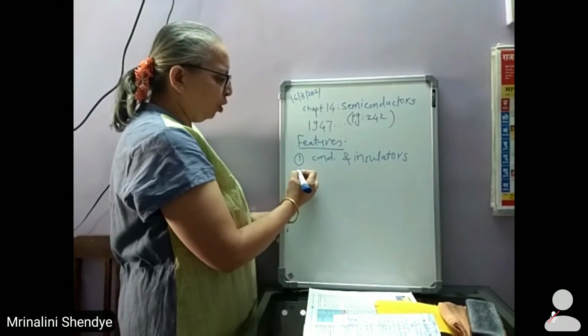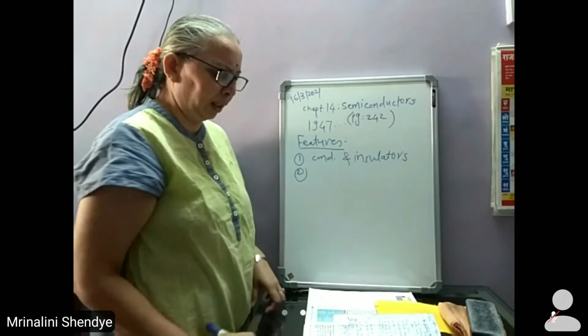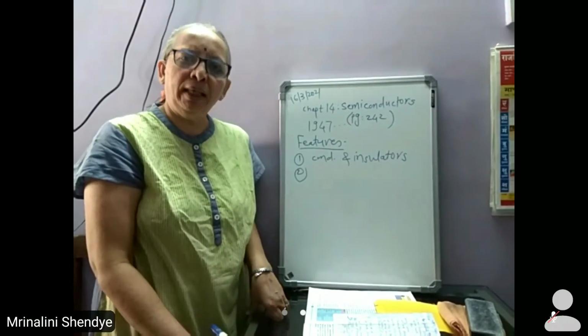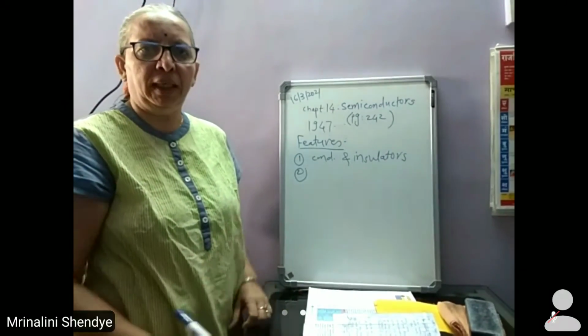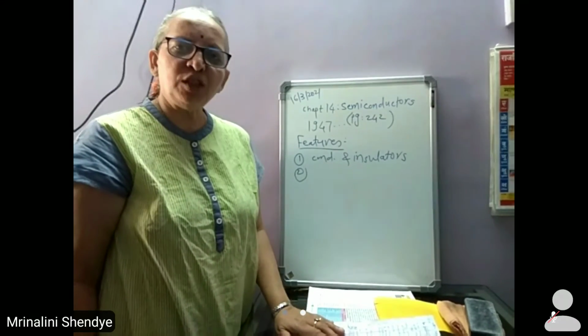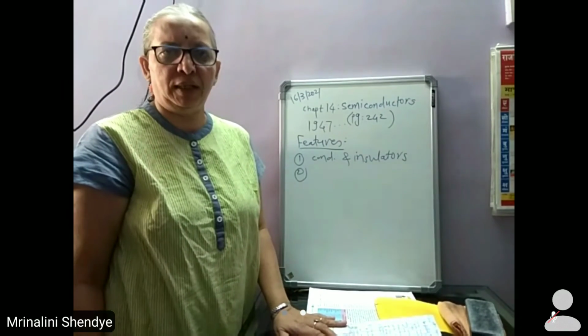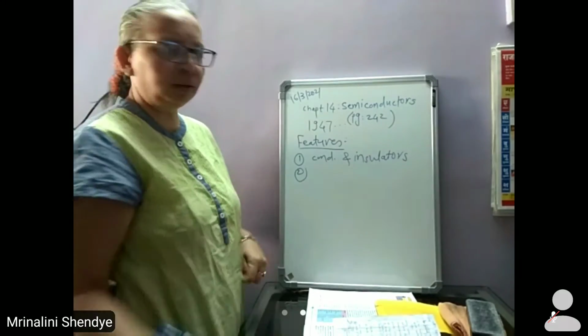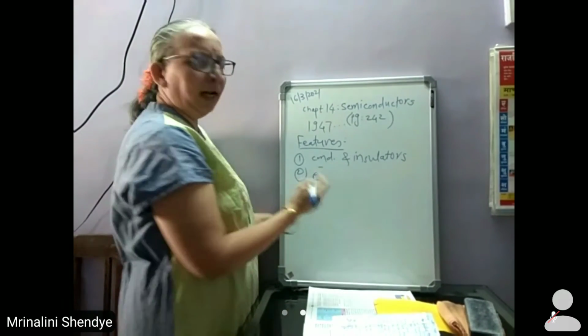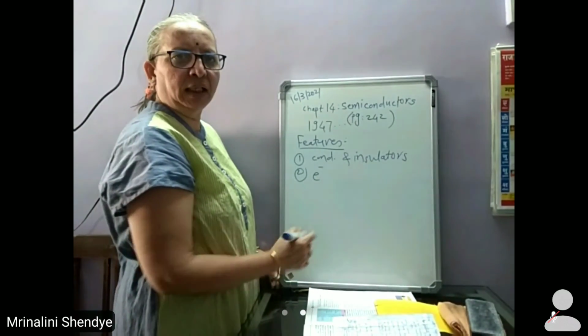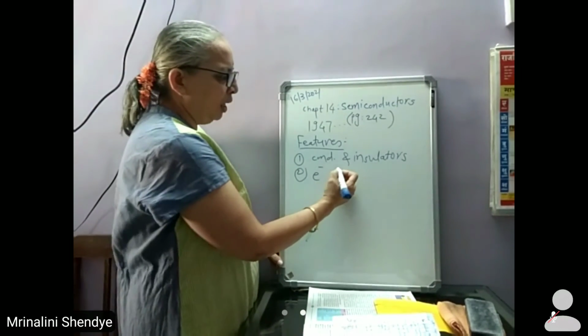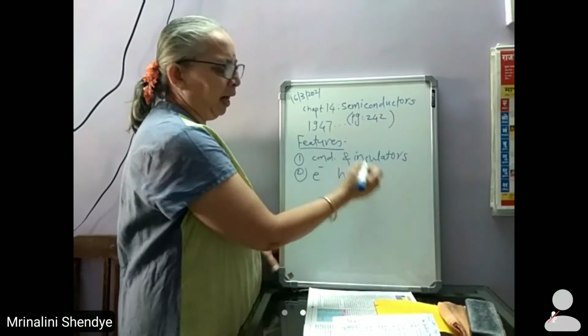Second important feature of semiconducting materials is transport of both types of charges. You know, the absence of an electron is considered as a positive charge and is termed as a hole.